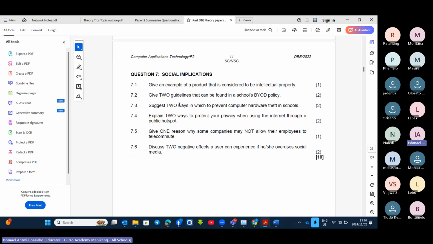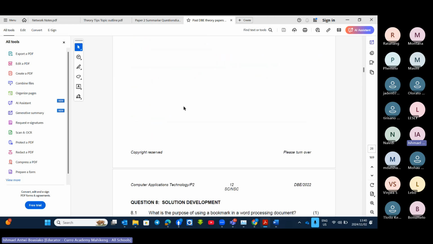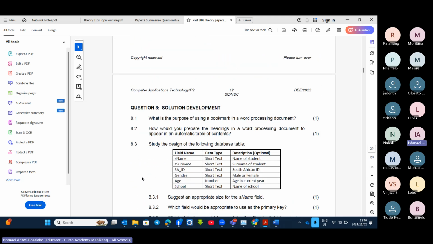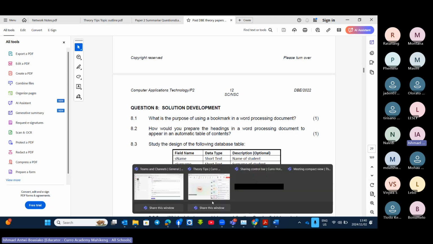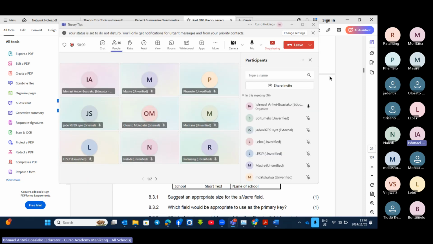I will share them as well with you, and then you know how to answer these questions. Right. Now, is there any question before we move to new terminology? If there's any question about what we have discussed so far, you can ask. Right. If there's no question, we will go straight to new terminology.